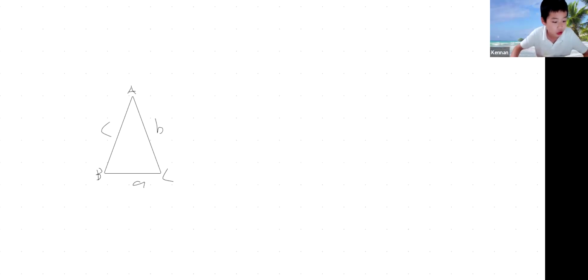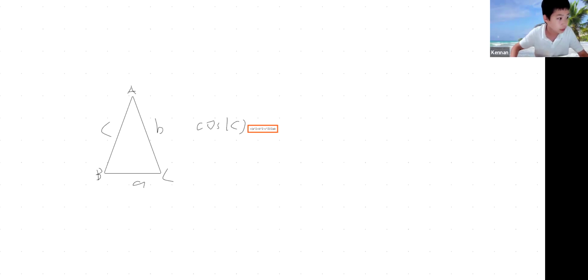The law of cosines, as Alex explained earlier, states that cosine C equals (a squared plus b squared minus c squared) divided by 2ab.